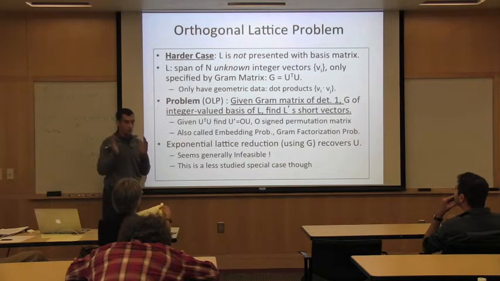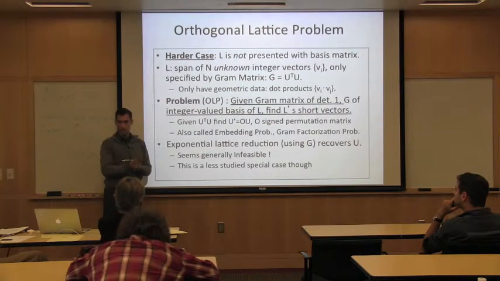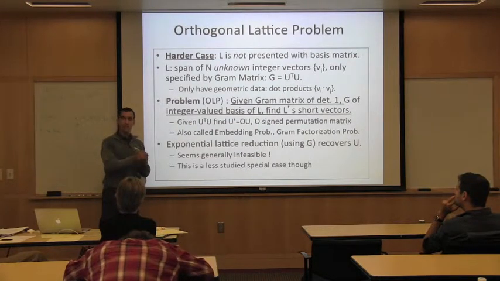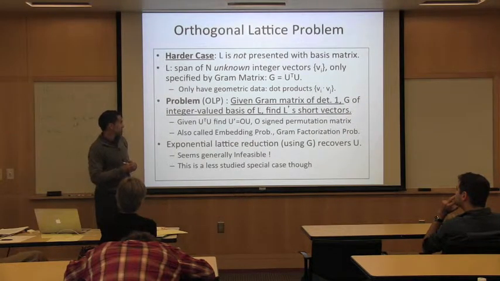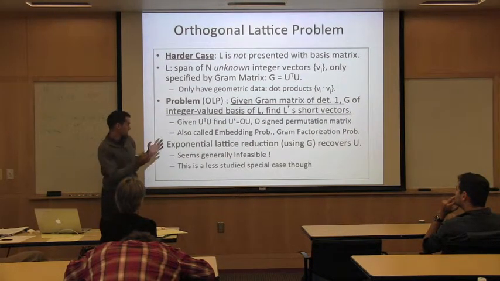But we promised you that there's an embedding into Zn, but we don't know what it is. But I'll give you the Gram matrix. Can you get back u1 up to un? Clearly, you cannot get it back uniquely because it's not well defined, because you could switch the order of the coordinates and get the same answer.